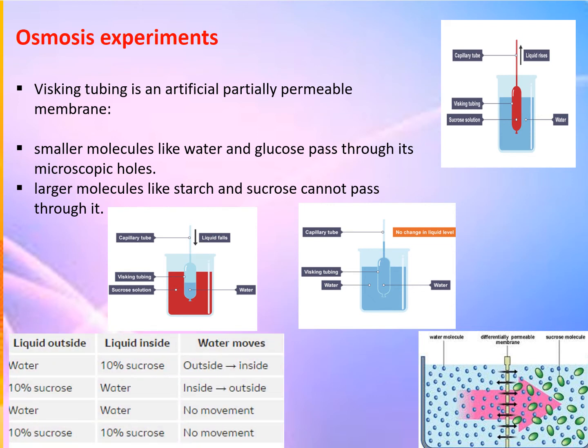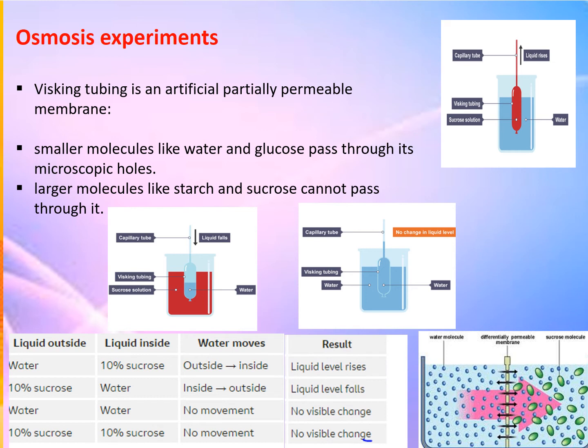Right, now we will summarize this. Liquid outside, liquid inside, how water moves. Liquid outside water, inside sucrose: the water moves from outside to inside. See the result, the liquid level rises. Now liquid outside is sucrose, inside is water. That is the second picture that I showed you. From the inside, the water moves to the outside.